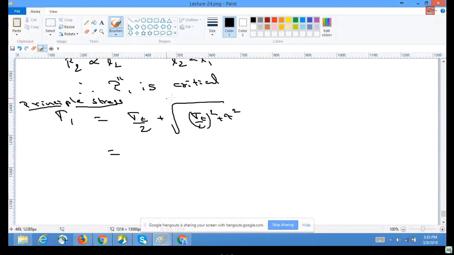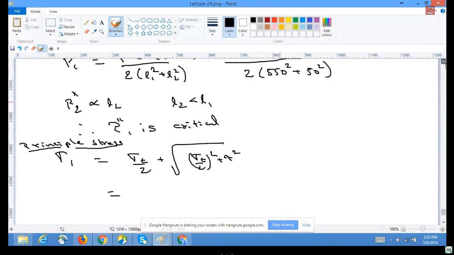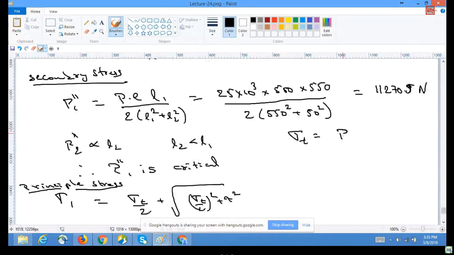We have to get the sigma t in this case. From P1 double dash we can say that sigma t is equal to P1 double dash by A, that is 1127.5 divided by A, which is pi by 4 d square.